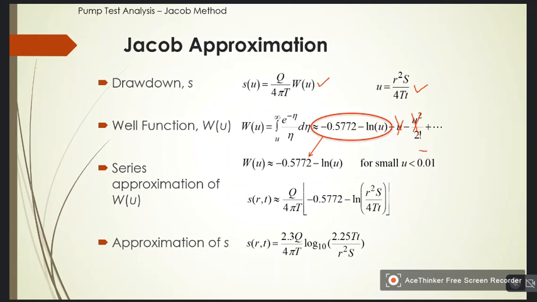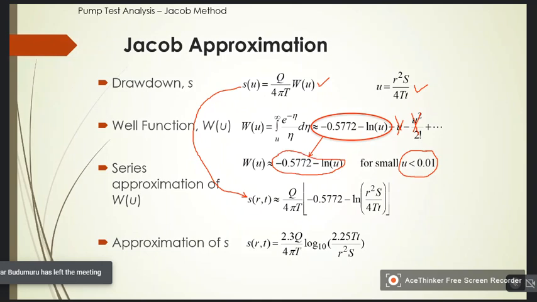The only condition is small values of u. So when you use this, automatically you can rewrite this equation. For W(u) I write minus 0.5772 minus log u.